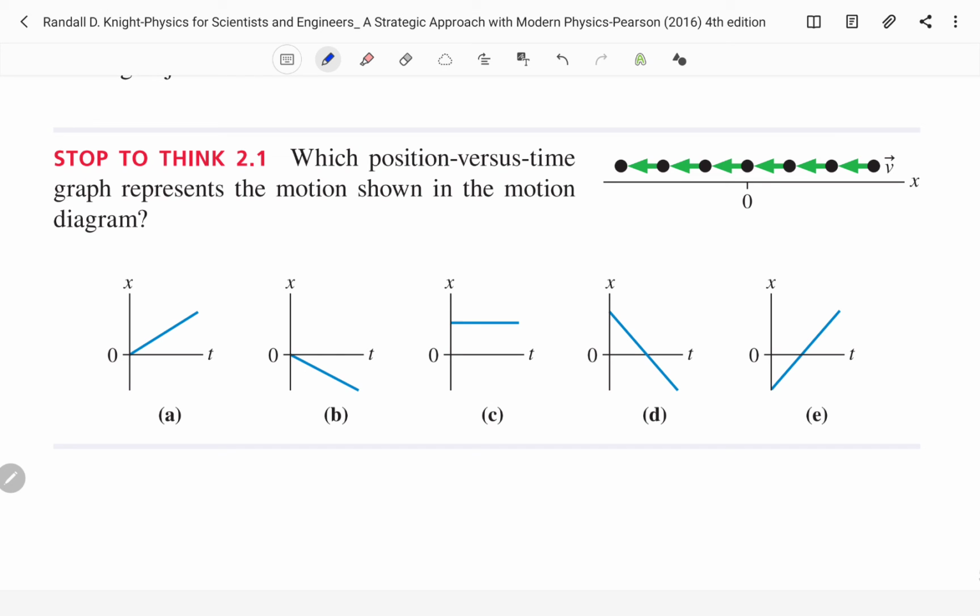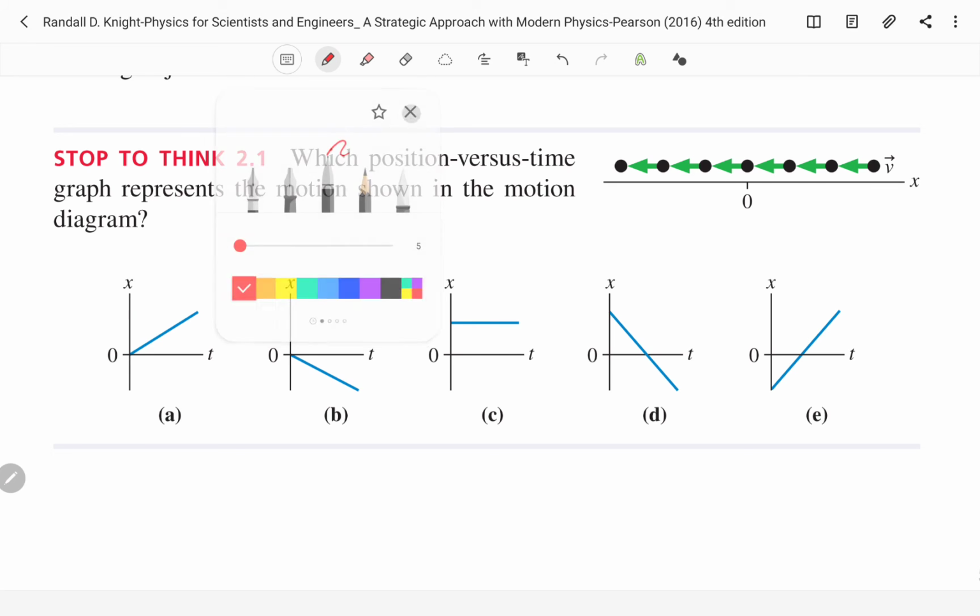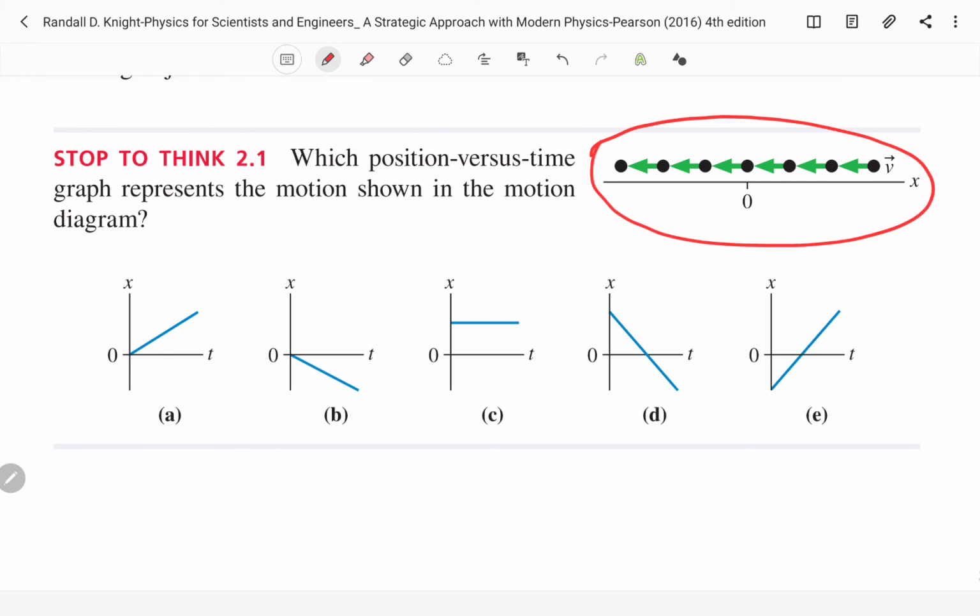Now let's stop to think. Which position versus time graph represents the motion shown in the motion diagram? So we have a diagram, and we should represent it in terms of a position-time graph. So first of all, before going to the options, let's study this diagram.